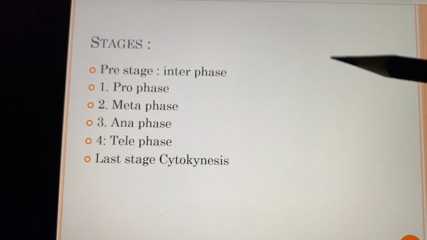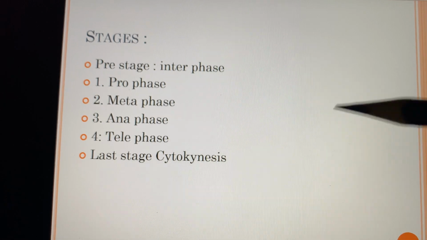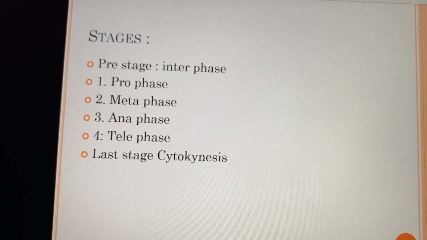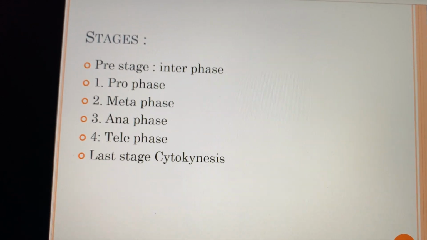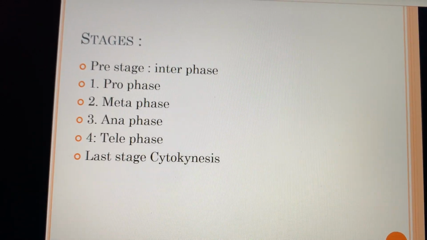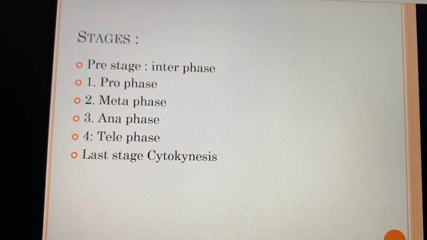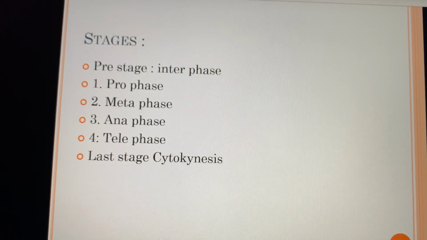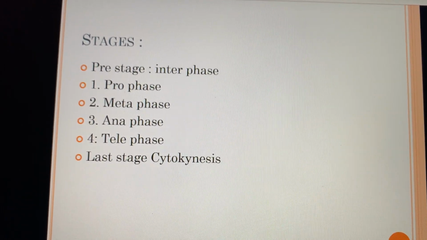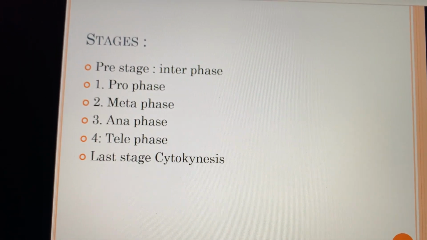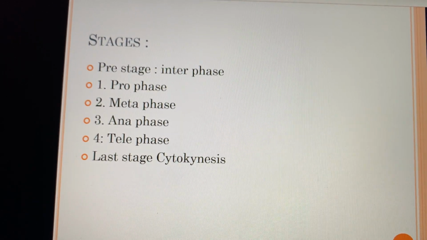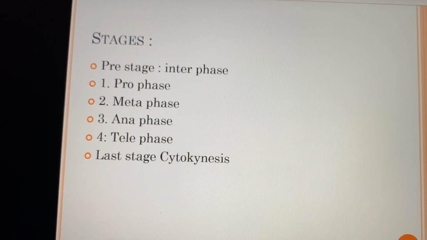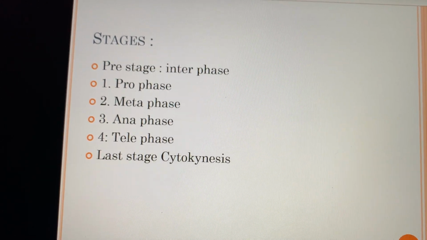So the picture that I will show right now in the slide, let's imagine that this is a microscopic slide and this is what you are looking at. First of all, the first stage is interphase, which is the beginning phase for the cell to divide. Mainly you will recognize number 1, prophase, 2, metaphase, 3, anaphase, and telophase, or let's say the last part, cytokinesis.